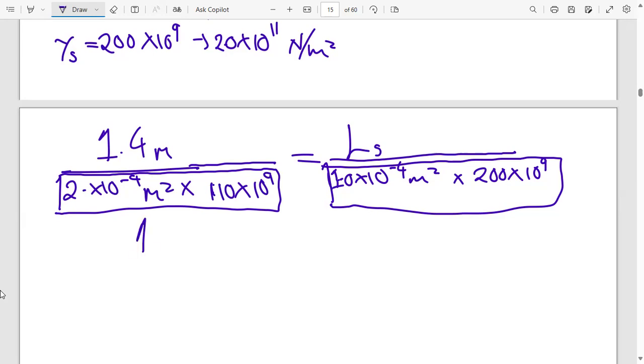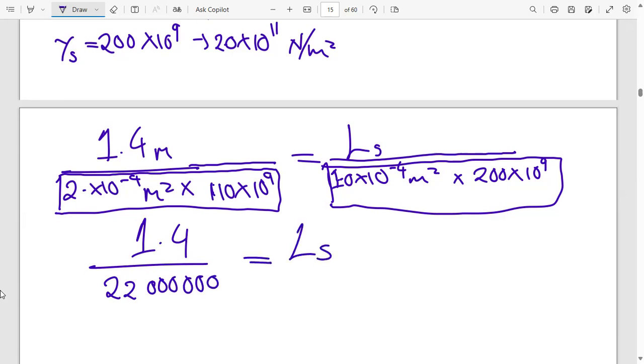I'm getting 1.4 over 22 million. This is equal to L over 1 times 10 to the power minus 4 multiplied by 200 times 10 to the power 9, which is 20 million on the other side.